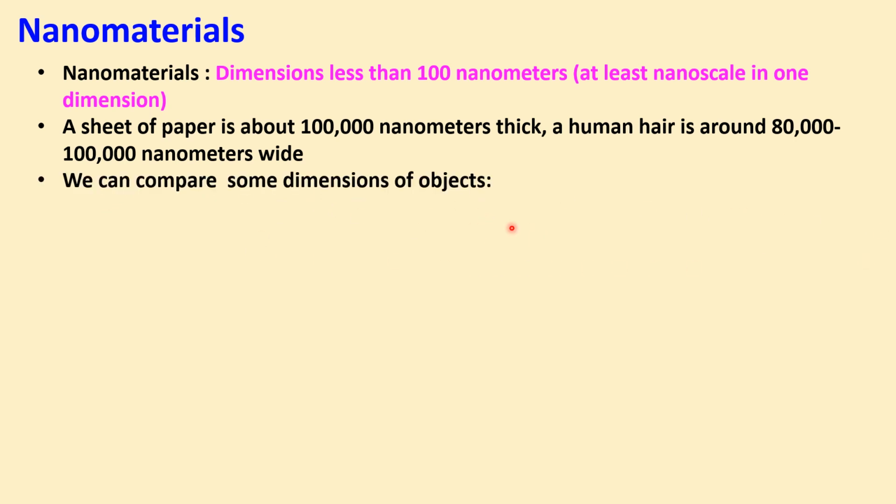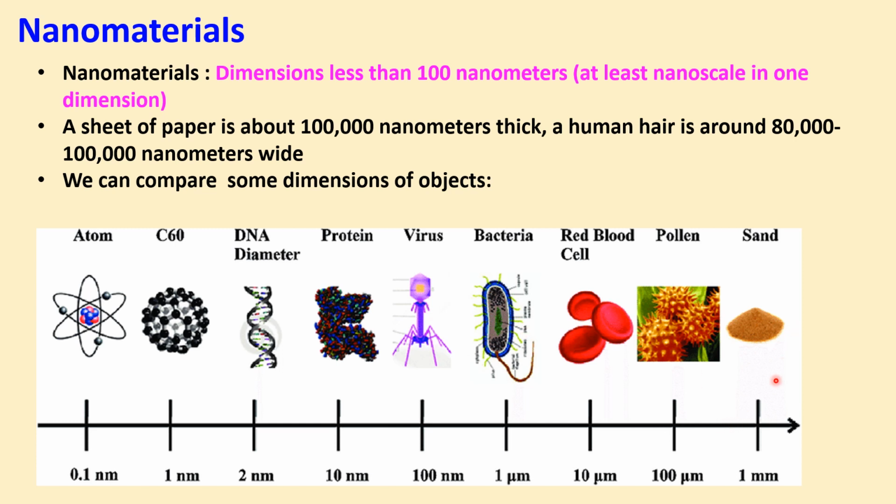We can compare some dimensions in this image, where the sizes decrease to the left. Sand particles are around 1 millimeter, pollen is 100 micrometers, bacteria and red blood cells are a few micrometers, viruses are around 100 nanometers, and protein and DNA are less than 10 nanometers. This is carbon 60 or fullerene, which has a dimension around 1 nanometer, and an atom has a dimension around 0.1 nanometer.